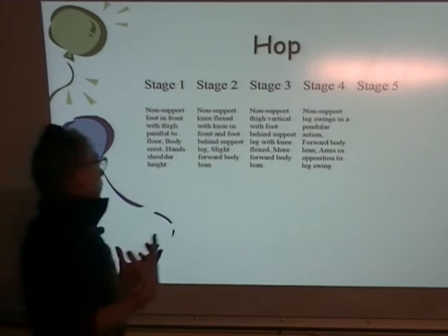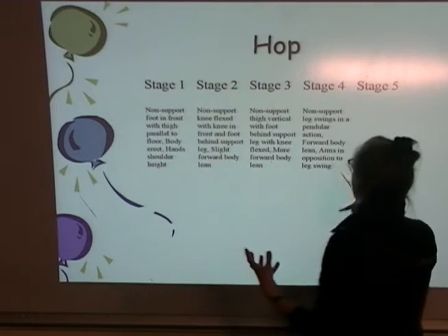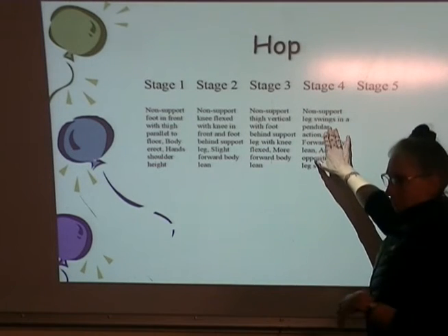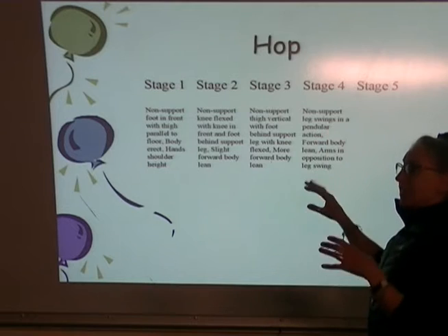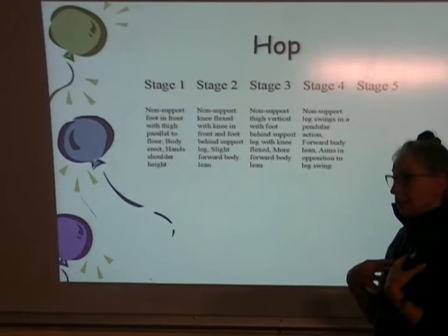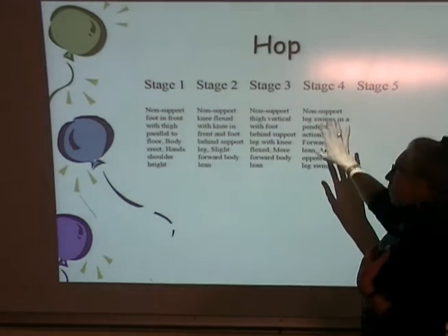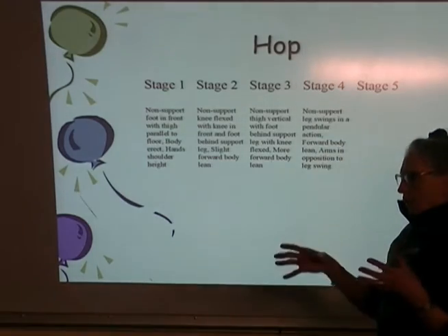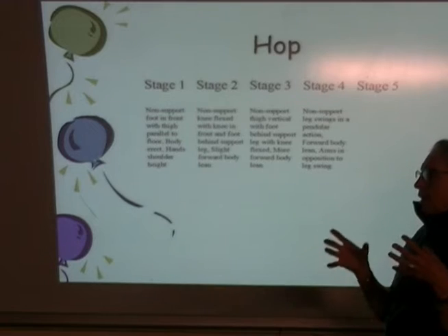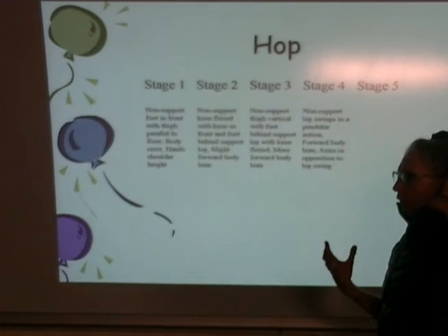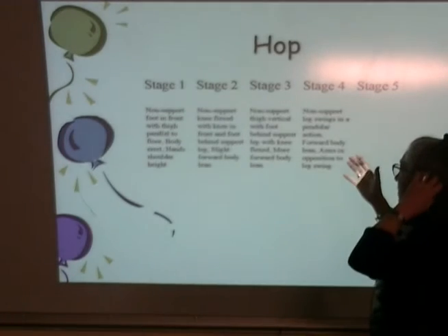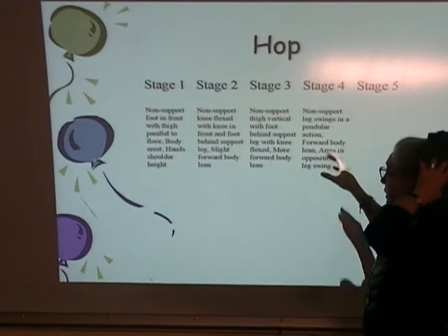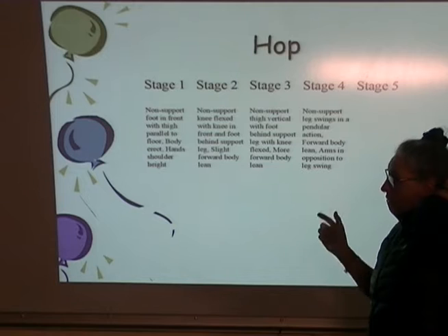Okay? So I can't say it's wrong, because the research supports this, right? I'm just saying, in my opinion, I would not expect to see what they describe as stage 4 in young children, right? And I would expect people to have a lot of practice at hopping to see something that really looks like stage 4.